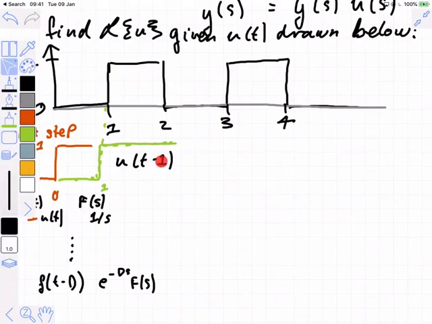If there's a function which has its time axis translated, I'm immediately thinking of this rule in the table that says, okay, I don't actually have to have the Laplace transform of this in the table. I can just look at the untranslated version, right? And see what that looks like in the table. So I know that that's going to be 1 over s times e to the minus s. That's what that contribution is going to be of this step up, okay?